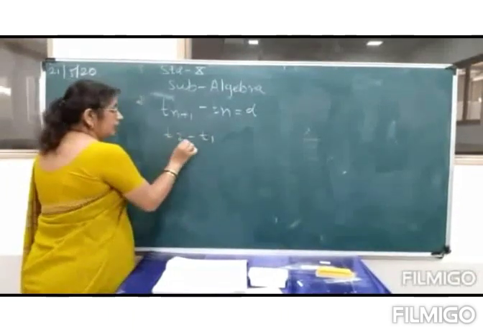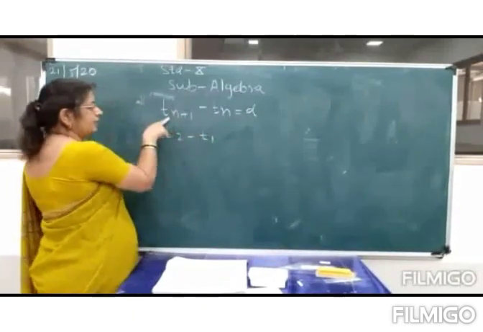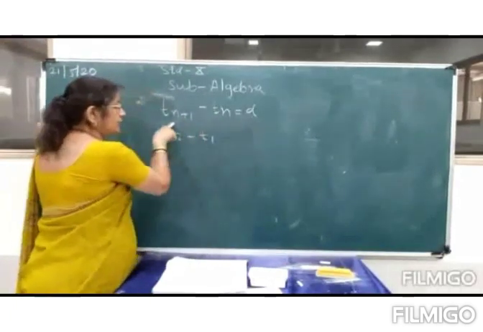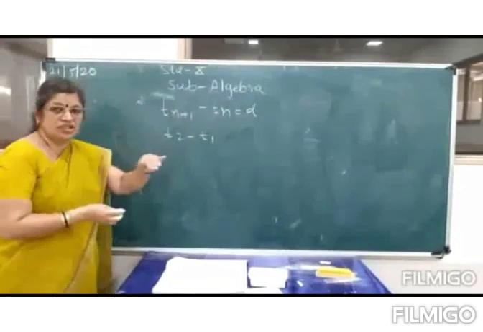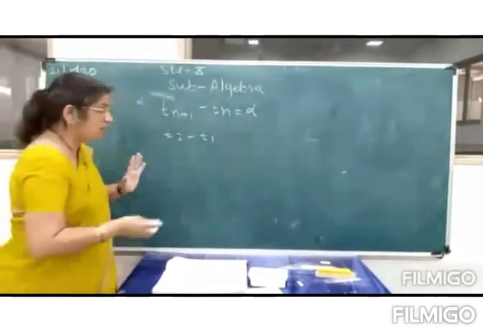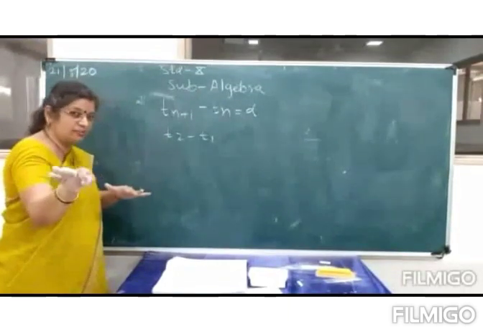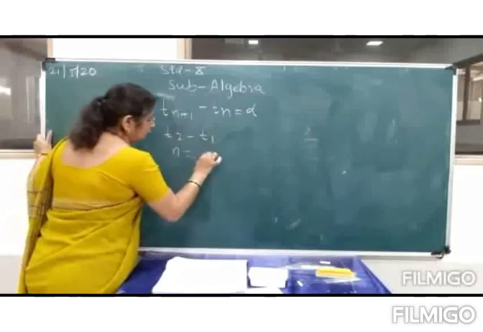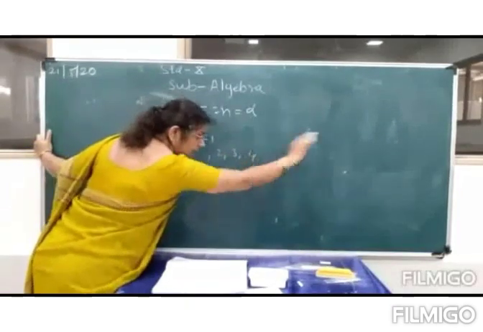Here, as I have written, Tn plus 1 minus Tn is equal to D. That means what? n is a natural number, so you can take any value of n, only natural numbers. Okay. So I am again writing the values of n: you can write 1, 2, 3, 4, any number you can take.